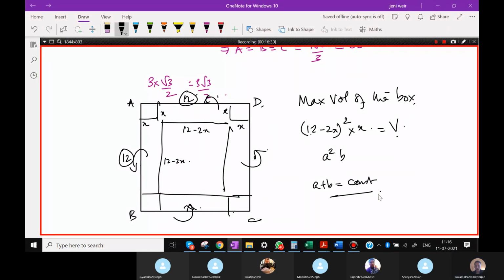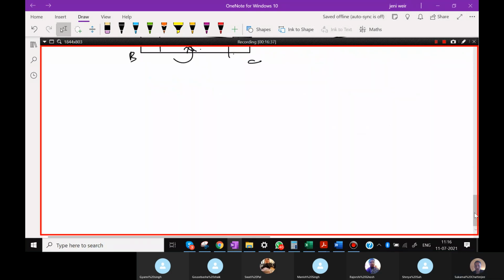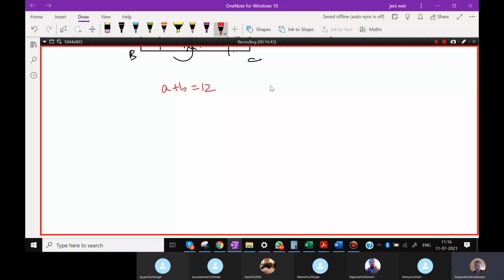For example, let's take this. A plus b equal to 12, and I am trying to find the maximum value of a square b, where a and b are both integers. So let me write the values a, b, a square b. If a is 1, b is 11, a square b would be 1 into 11, which is 11.